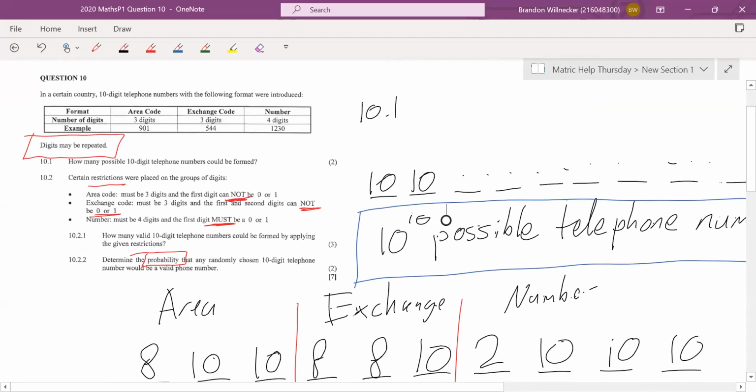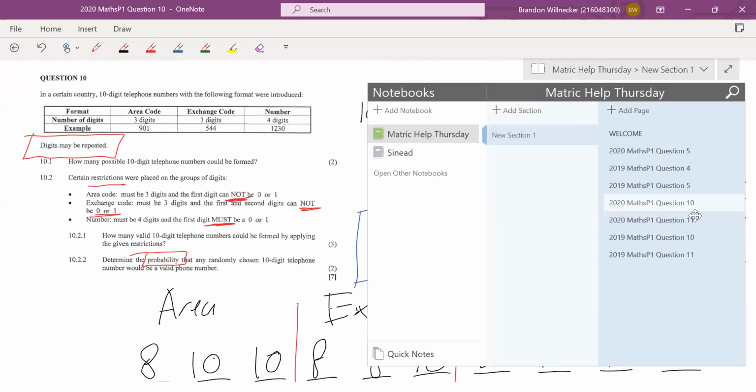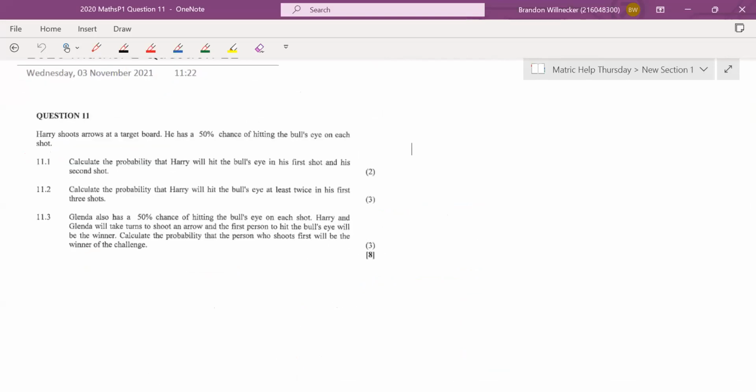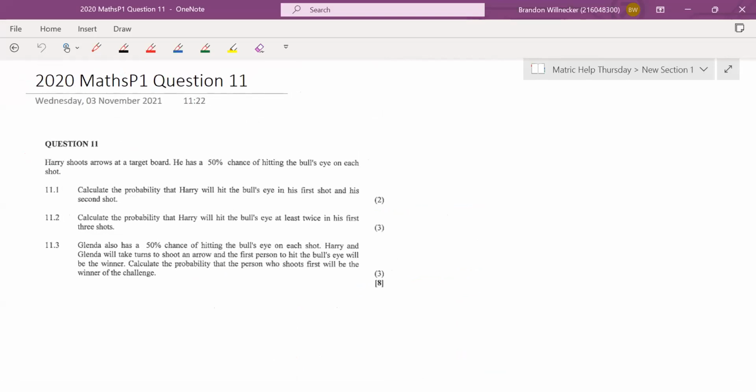Okay, let's take a look at the next one. This is question 11 from the 2020 Maths Paper 1. Harry shoots arrows at a target board. He has a 50% chance of hitting the bullseye on each shot.